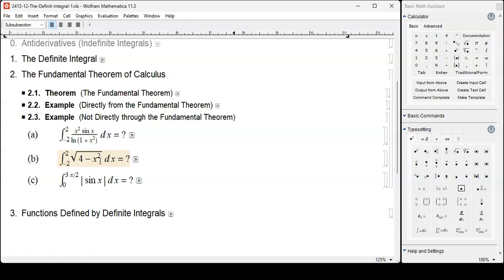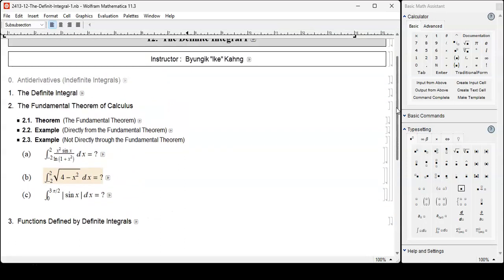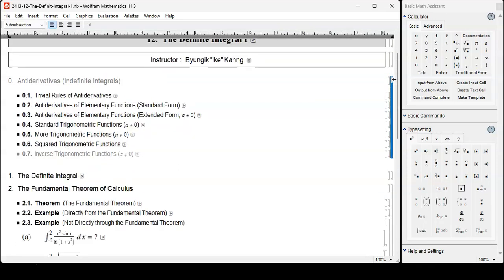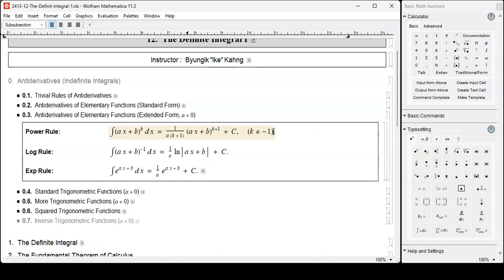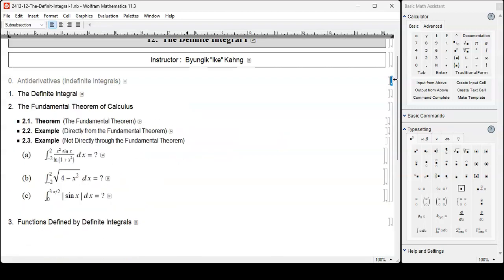We have a linear expression, ax plus b, inside the power function, so we can use this to find the antiderivative. The power is 1/2. All I need is an extra 1 over a. But look at this: x squared, not ax plus b, so this is much harder.